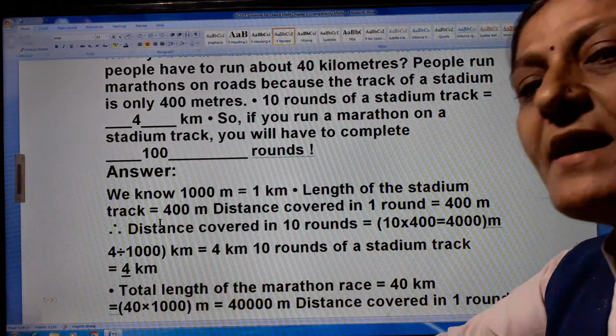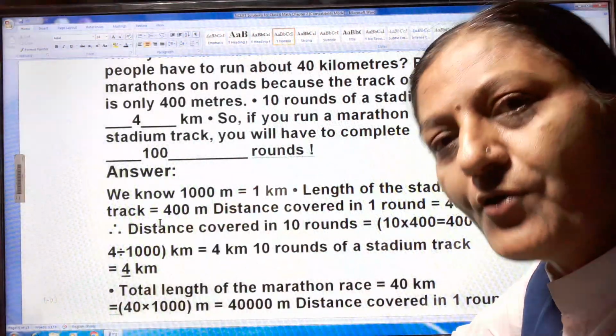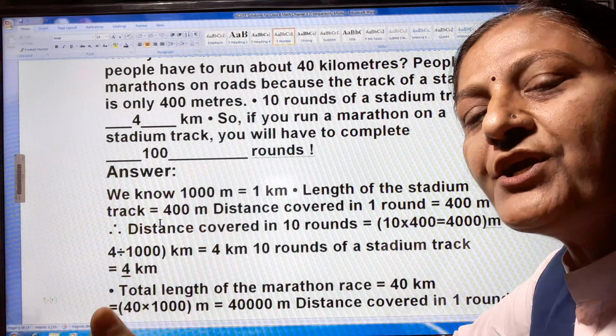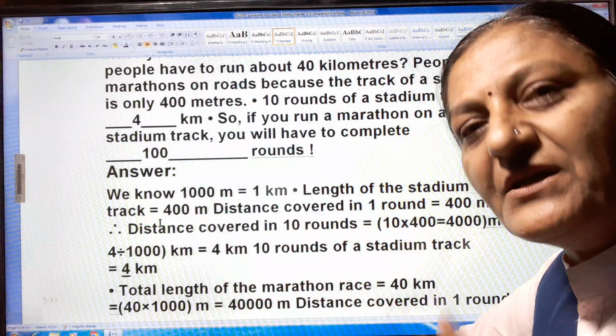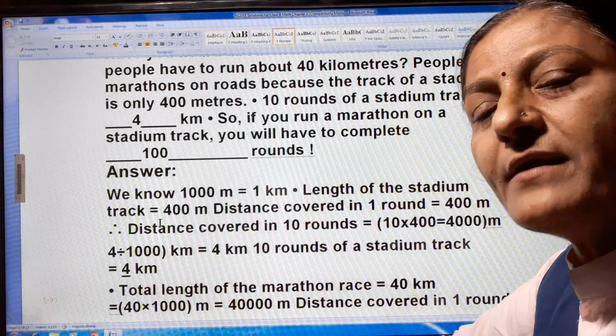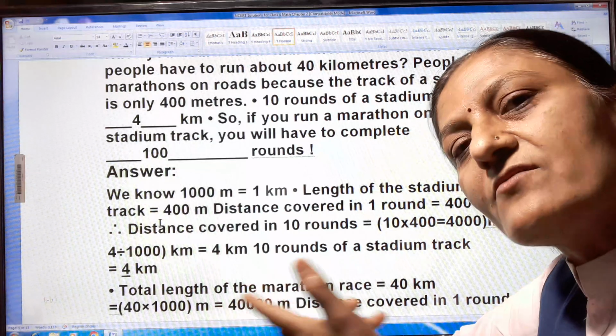Now in marathon there is 40 kilometer, and 40 kilometer multiplied by 1000 is 40,000 meter. But one round is 400 meter, then 40,000 meter is equal to how much?